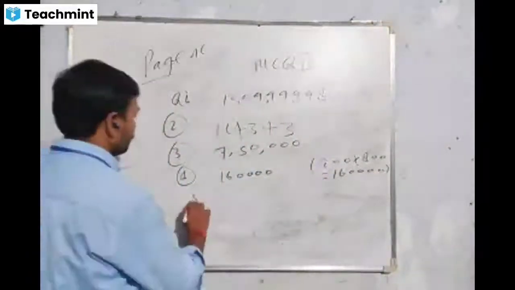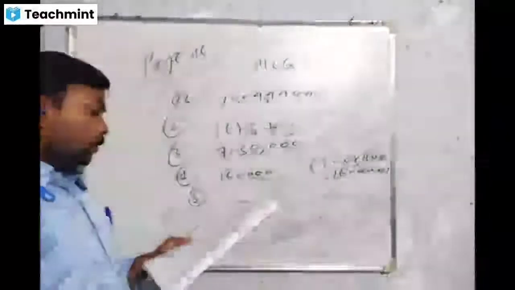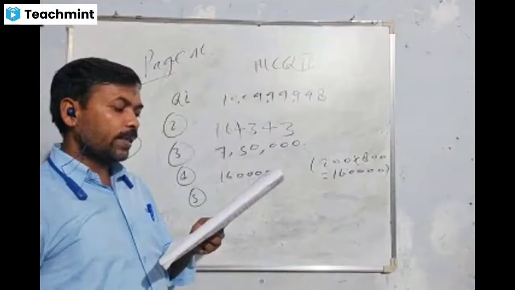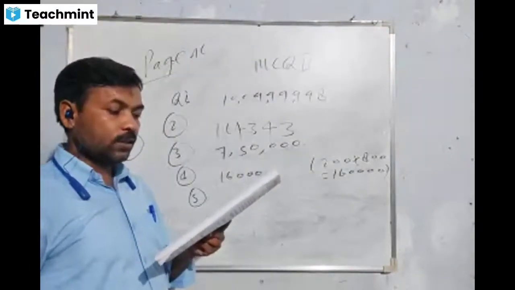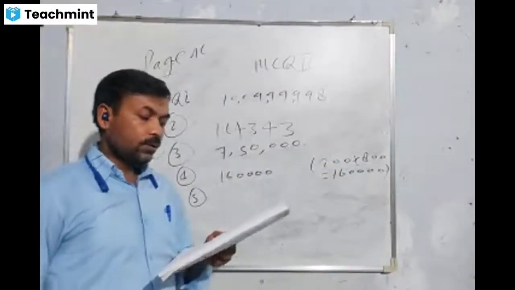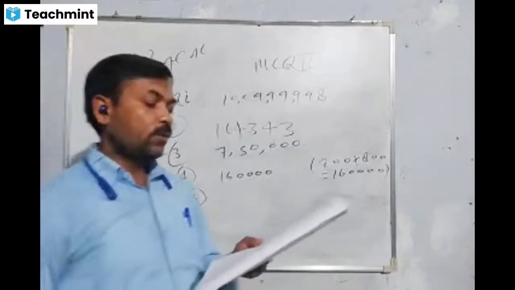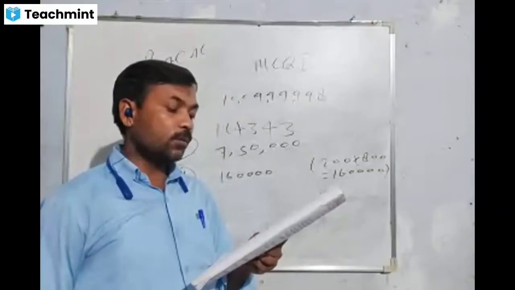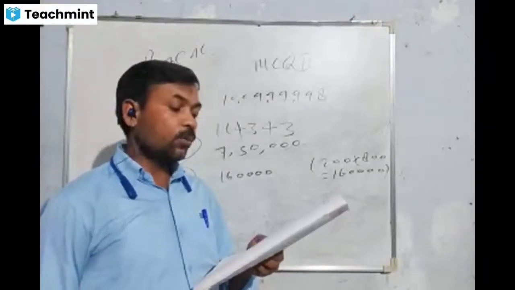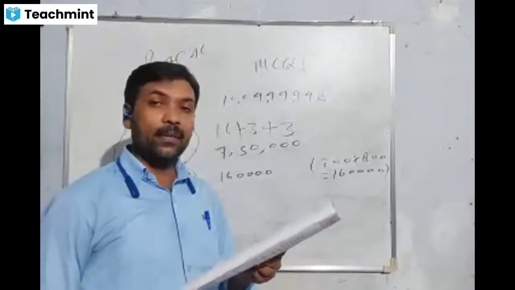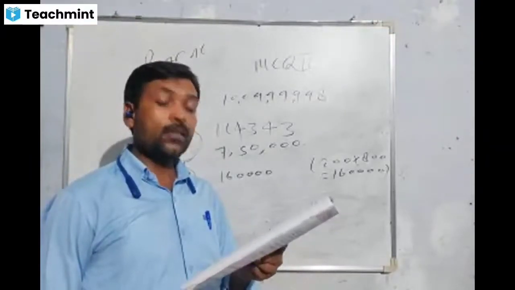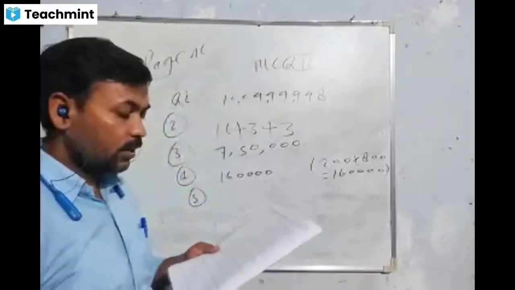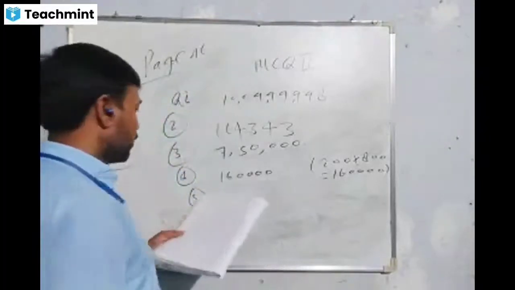And the fifth one: dividing a number by 461 gives the quotient 100 and remainder 236. What is the number? That is, it is asking for the dividend. So you can find it by multiplying the quotient and the divisor 461. So 461 multiplied by 100, and then that product should be added to 236. If you do this, then the last option is correct, 46,336.